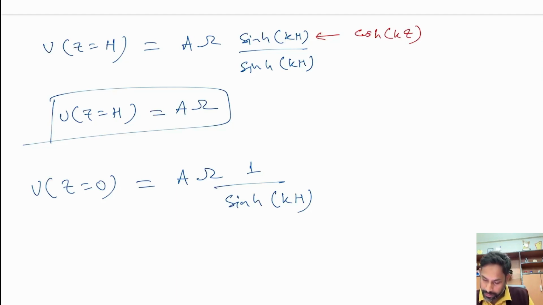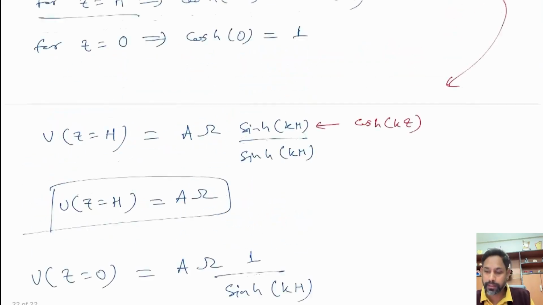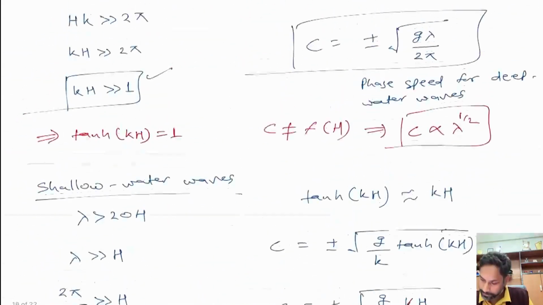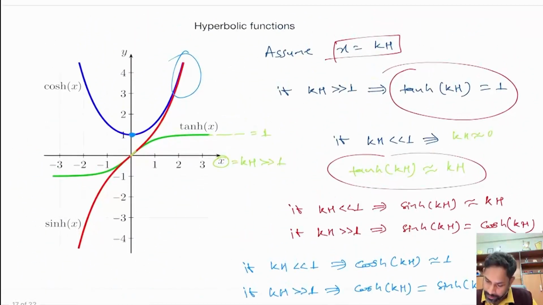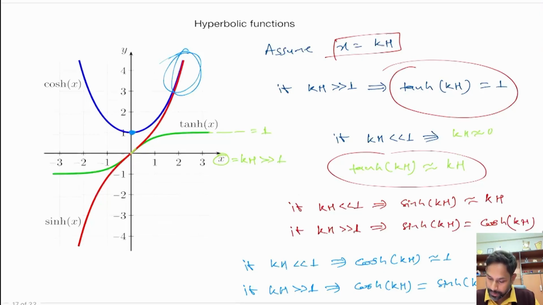which we know that when KH is much greater than 1, that is here, this blue region, when KH is much greater than 1, your sine hyperbolic of KH is also much greater than 1, right?